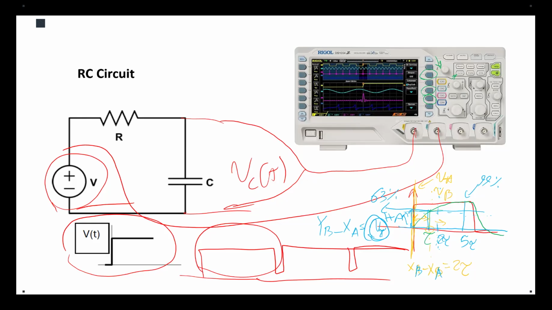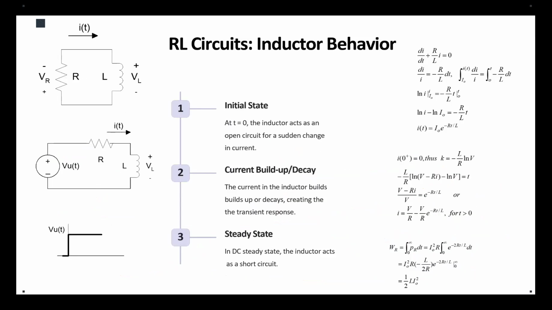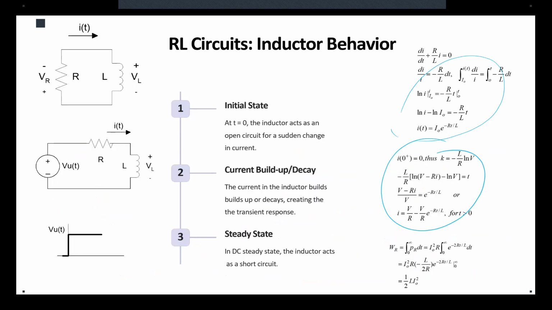No? Okay. The same kind of concept goes for the RL circuit. In our system, we have a parallel RL connection. This is the same discussion. You run a KCL and KVL, and you find the exponential function for that first order differential equation.